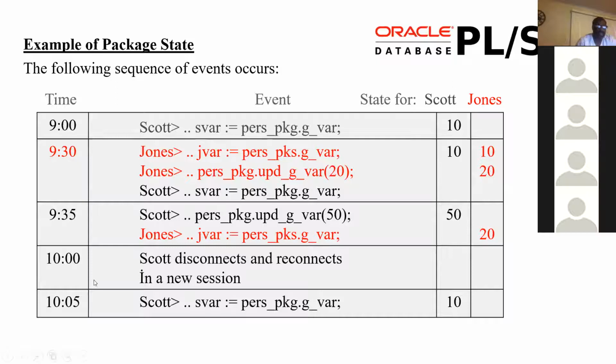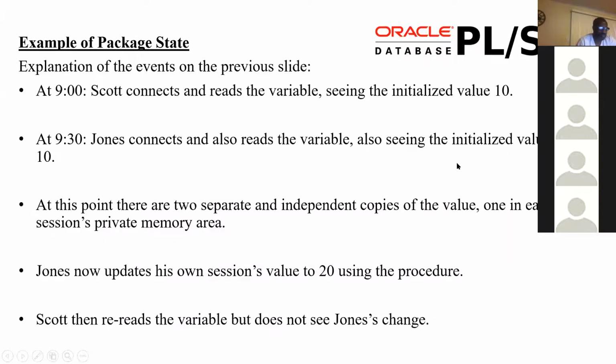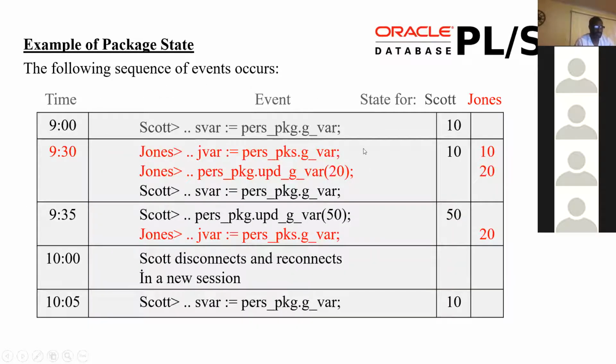So within his session, the value changes from 10 to 20. And you see here, this is Scott's value and this is Jones's. So you see how the value changes. Jones changes the variable, so it goes from 10 to 20, and it stays 20 for him. But in Scott's session at 9:35, he changes the variable value to 50.